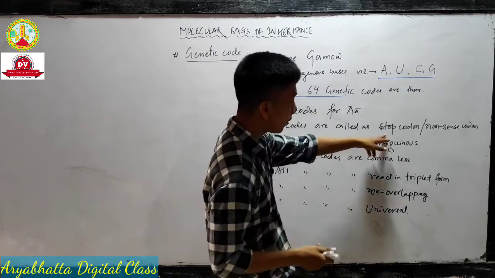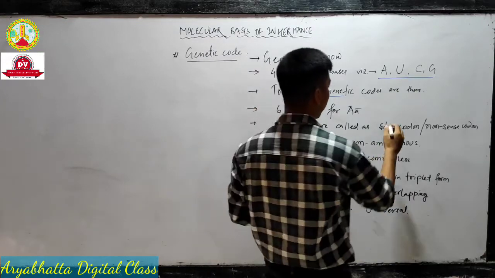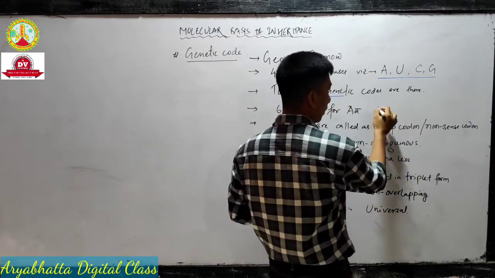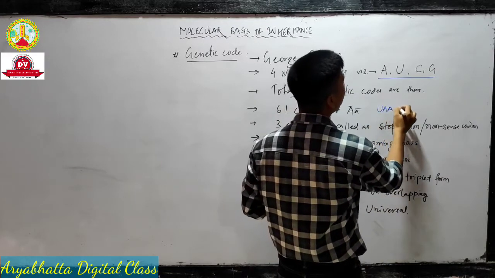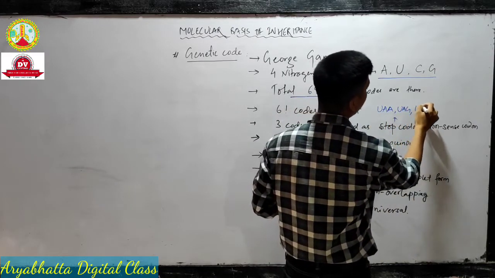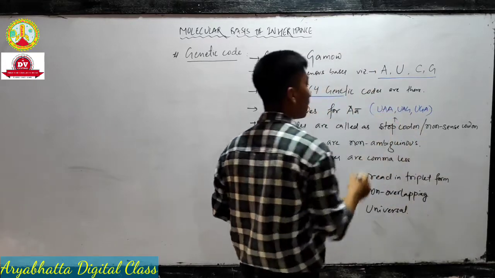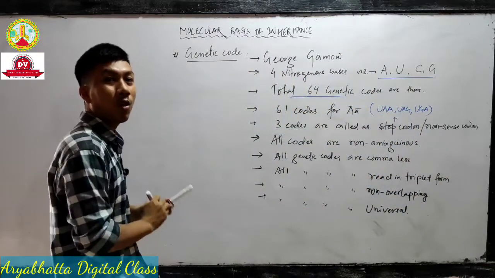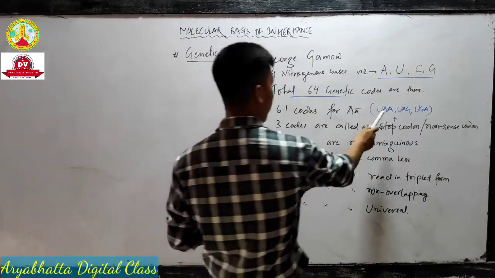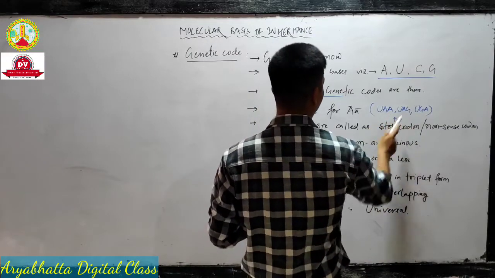Let me give you an example of stop codons here. It is important: UAA, UAG, UGA. These are the three stop codons or nonsense codons. Remember UAA, UAG, UGA.